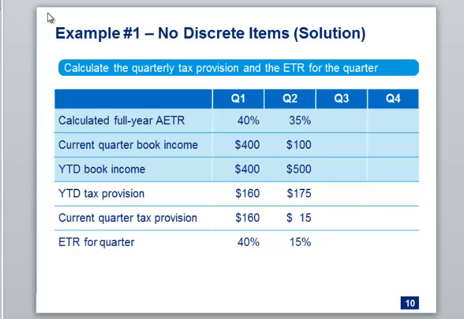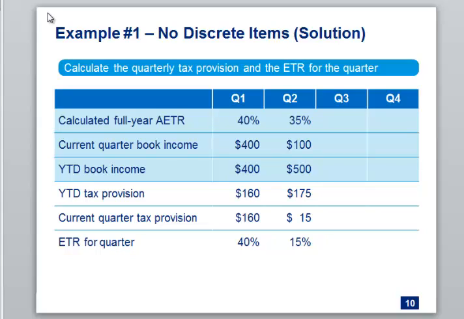Because in Q1, I treated my 400 of income as subject to a 40% rate. But now in Q2, I'm saying not only is my 100 in Q2 subject to 35, but I've got to go back and basically correct my Q1 provision because I overstated it. So there's like a catch-up effect, right?